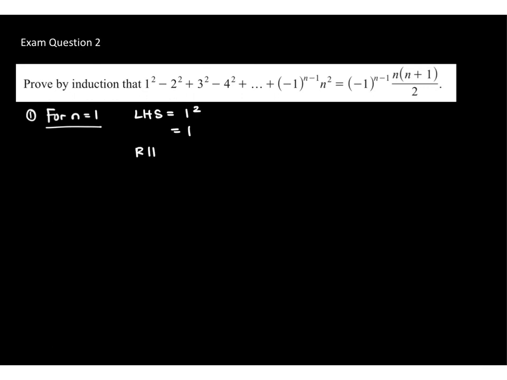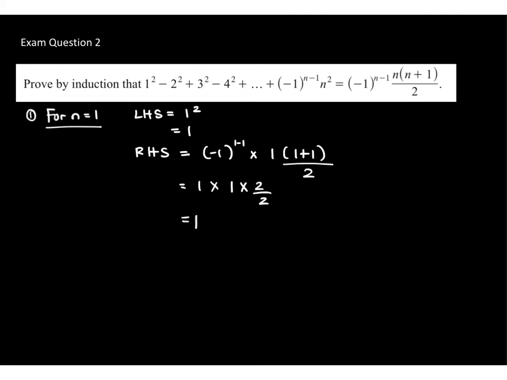Now the right-hand side of this alternate sum of squares here would be equal to negative 1 to the 1 minus 1 multiplied by 1, (1 plus 1) all over 2. So that's negative 1 to the power of 0, which is just 1, multiplied by 1 multiplied by 2 over 2, which of course is 1.